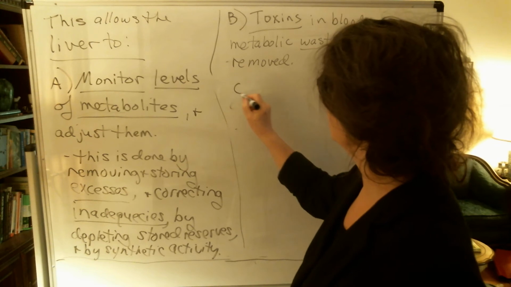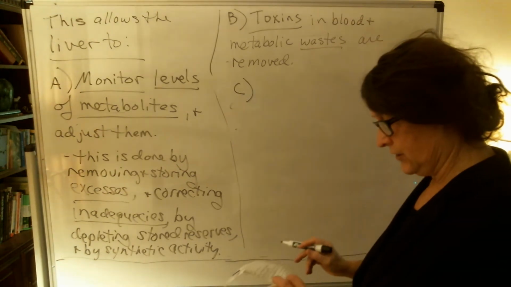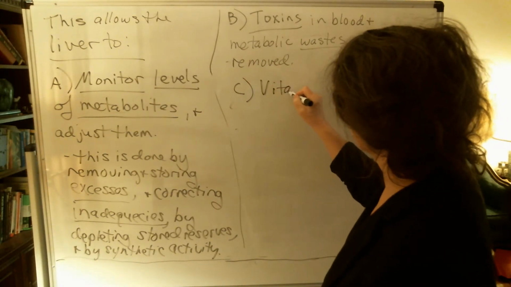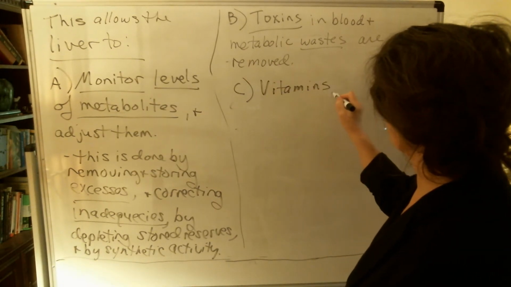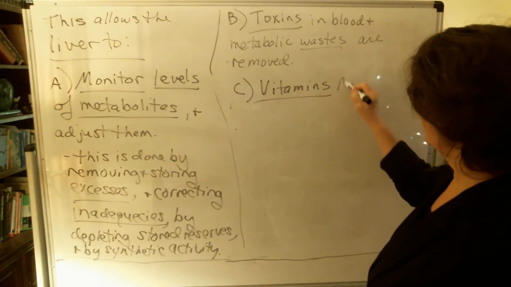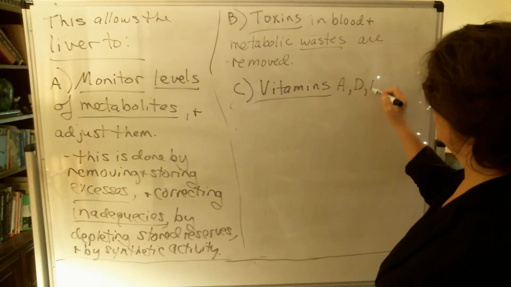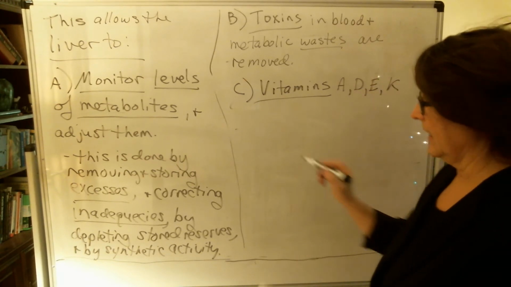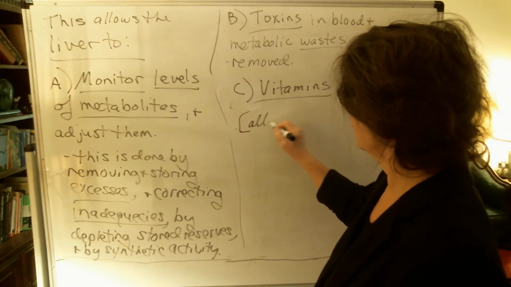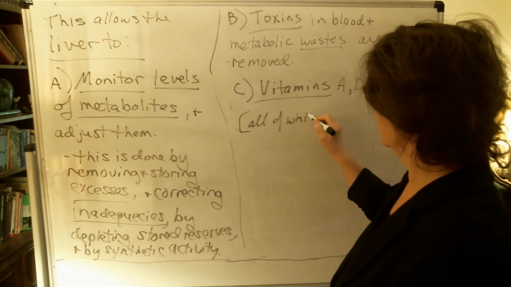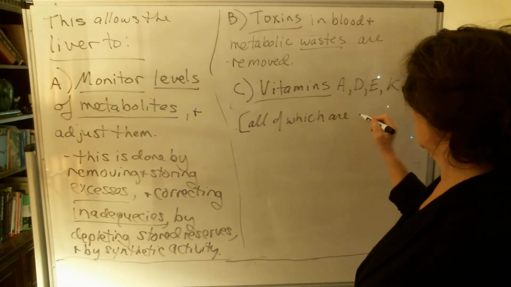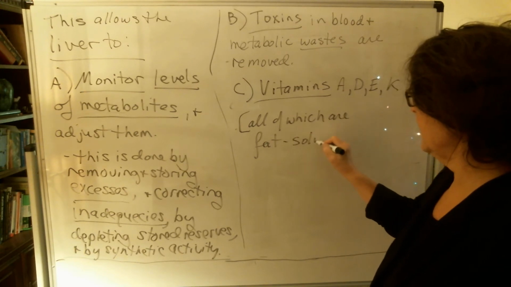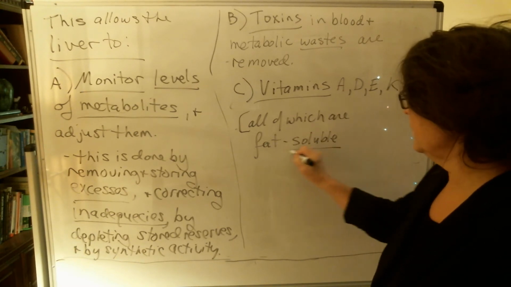And then finally, and this still just has to do with metabolic regulation, we have vitamins. Vitamins A, D, E, and K, all of which are fat soluble, and I will get into that in just a moment.